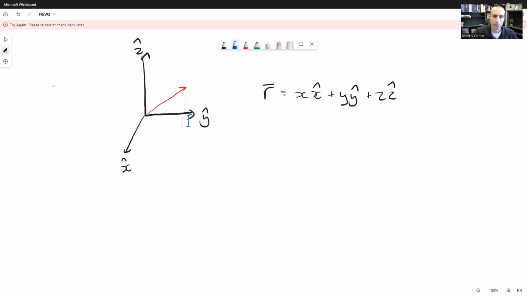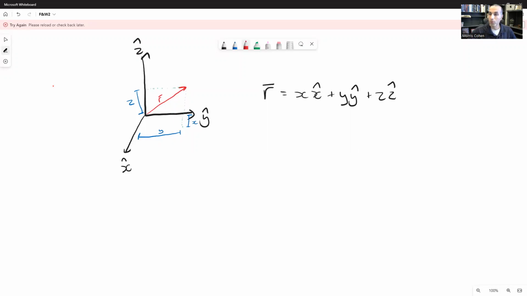This length here would be X, this length here would be Y, and this length here would be Z. Each of the X, Y, and Z coordinates of this vector shown in red. So this red here is the vector R.